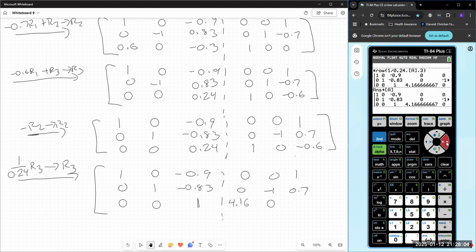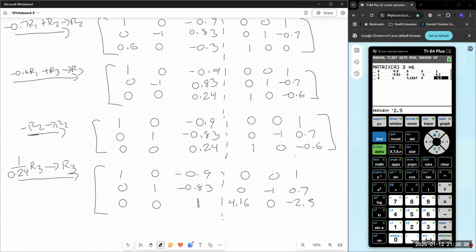I need to look at that. I've saved it as matrix A. Need to come and see what's over here. And that's negative 2.5, right?